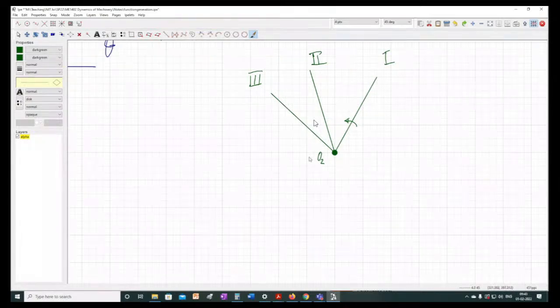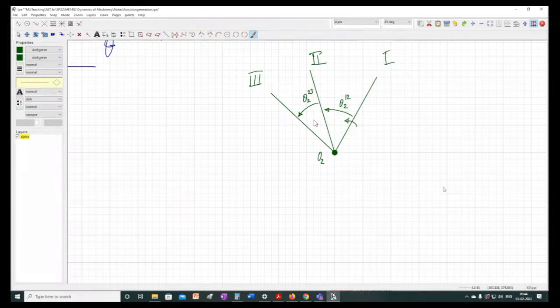The angle between the first two positions, we'll call theta 2 1 2, and the angle covered during the next motion we'll call theta 2 2 3. 1 2 means from position 1 to 2, 2 3 means from position 2 to 3. This is the motion of the crank.